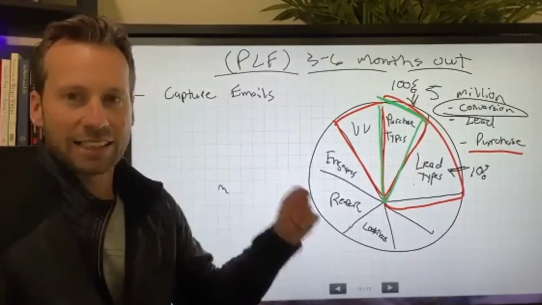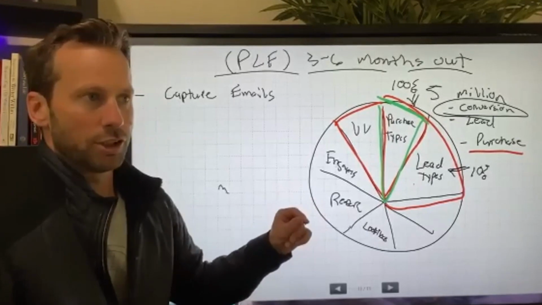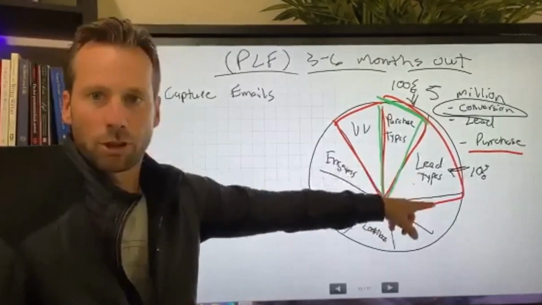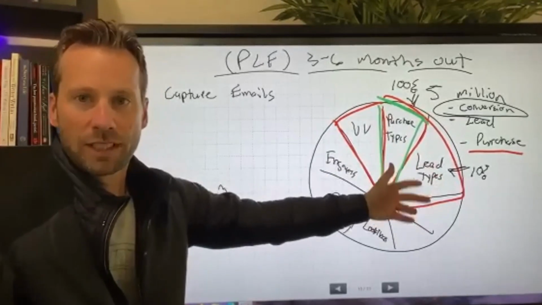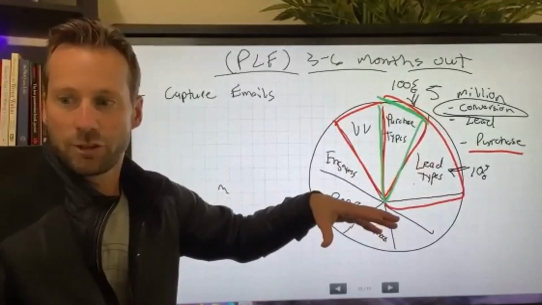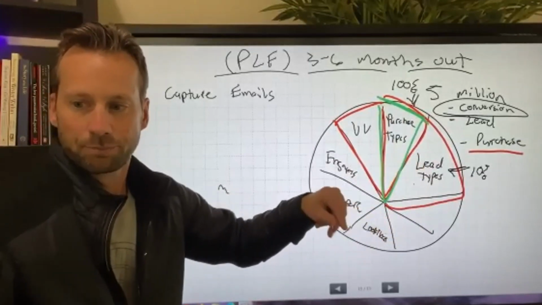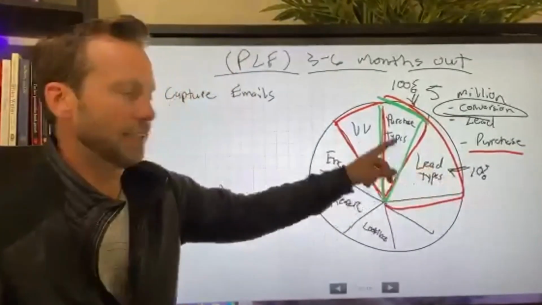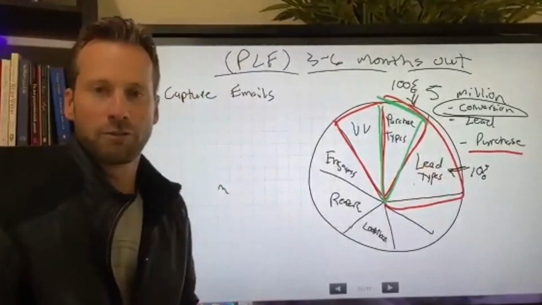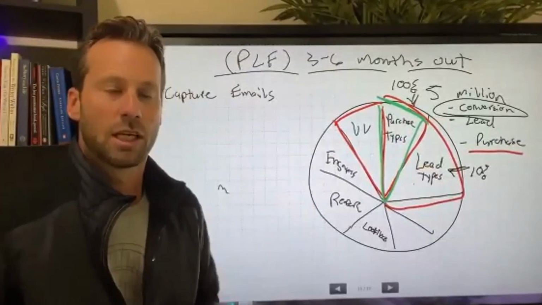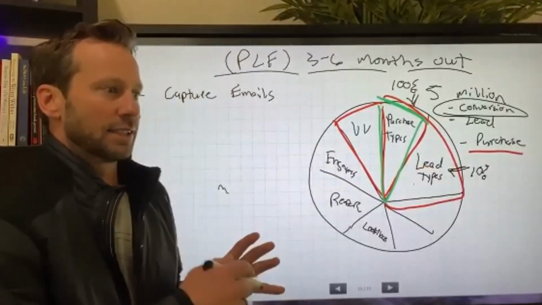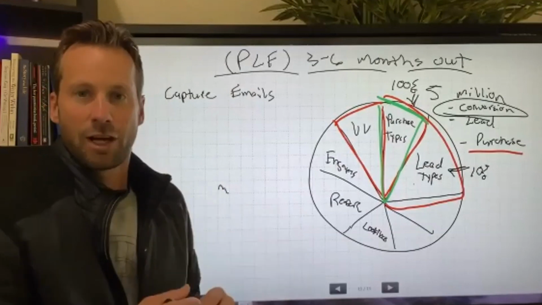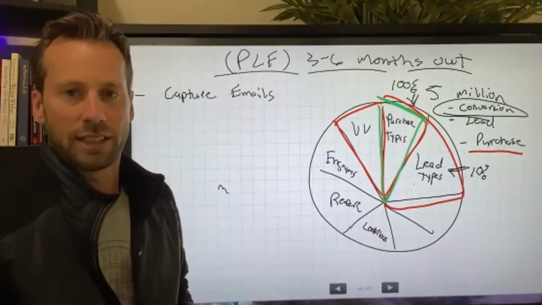You don't want to try to hack the algorithm too much where you're just calling a lead a purchase, somebody that opts in for a webinar, because I think that will backfire in the end if you do that. Does that make sense? So don't just automatically use purchase and say, oh, if somebody registers, name and email for a webinar, for a video series, that's a purchase. Because what will happen is you'll start to get too many of those and they're not buying, and then it'll screw everything up.